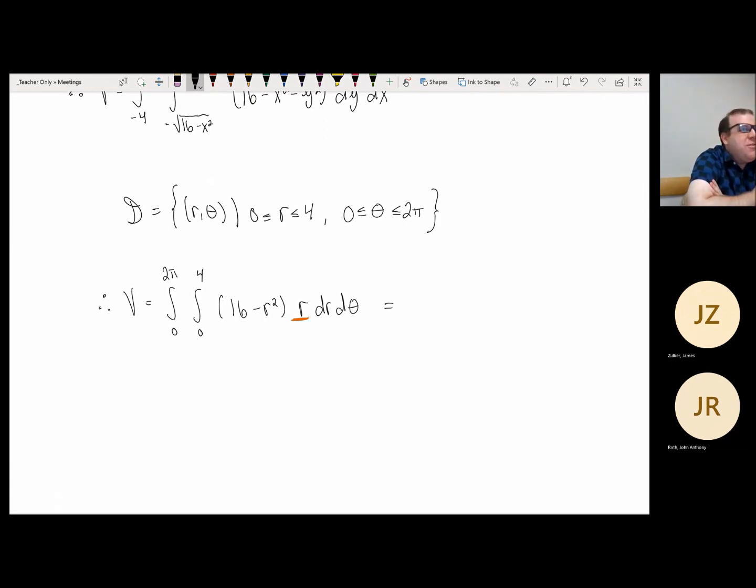Is there a theta anywhere in the integrand? Do the bounds for r depend on theta? Fubini's theorem says order in which we integrate does not matter, so why not integrate with respect to theta first? That's just the length of 0 to 2 pi, which is 2 pi.